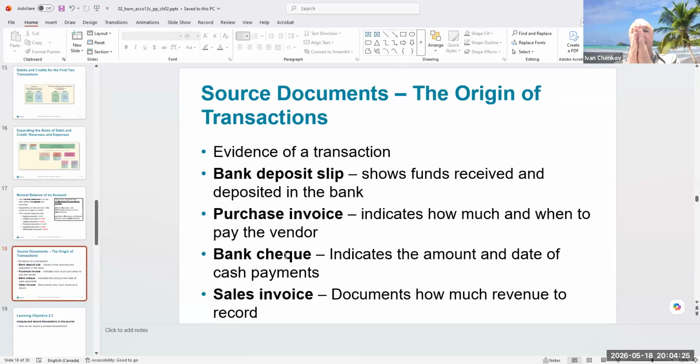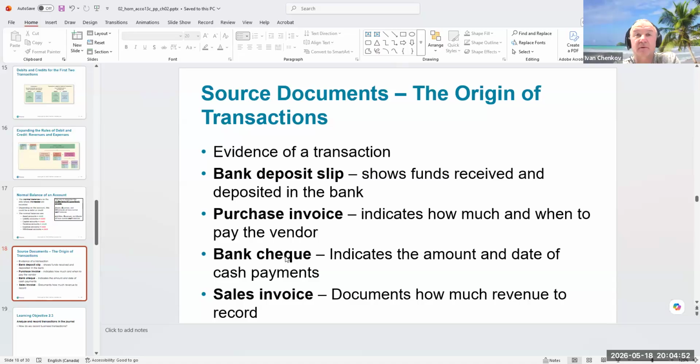So, in order to identify the transactions, we have to find the evidence of the transaction. If the owner comes and says, I spent $200,000 to buy a laptop, is the owner's word clear and enough evidence for us to do the transaction? Obviously not.